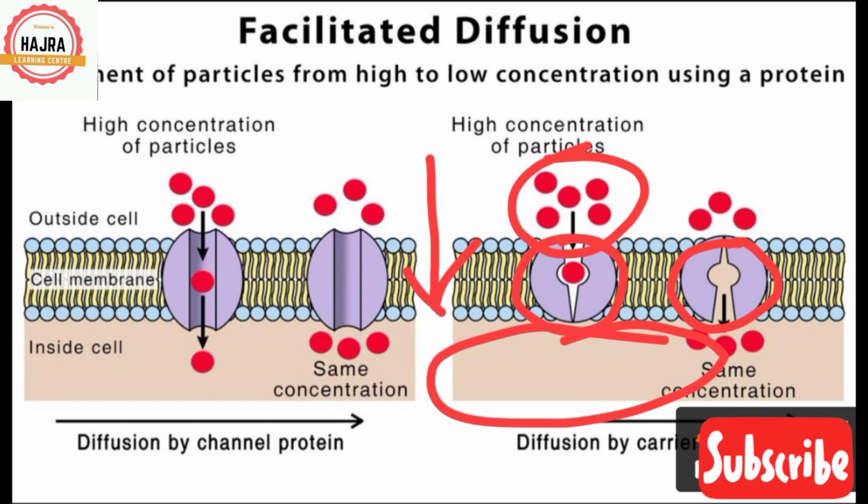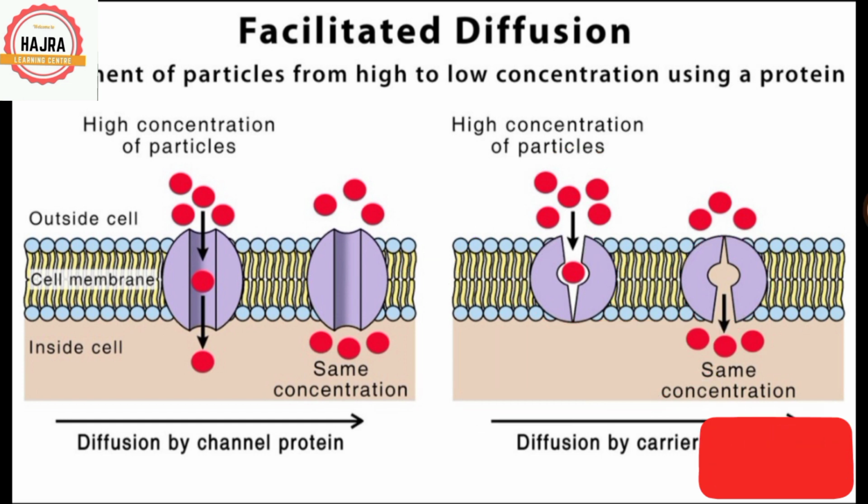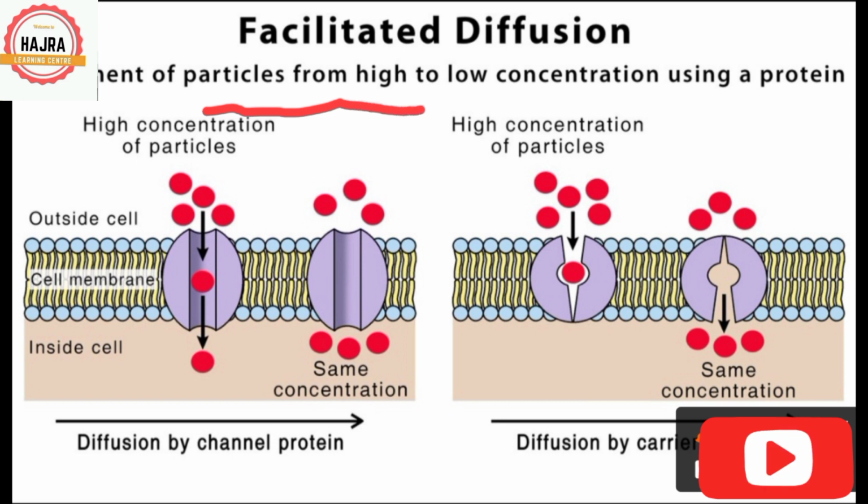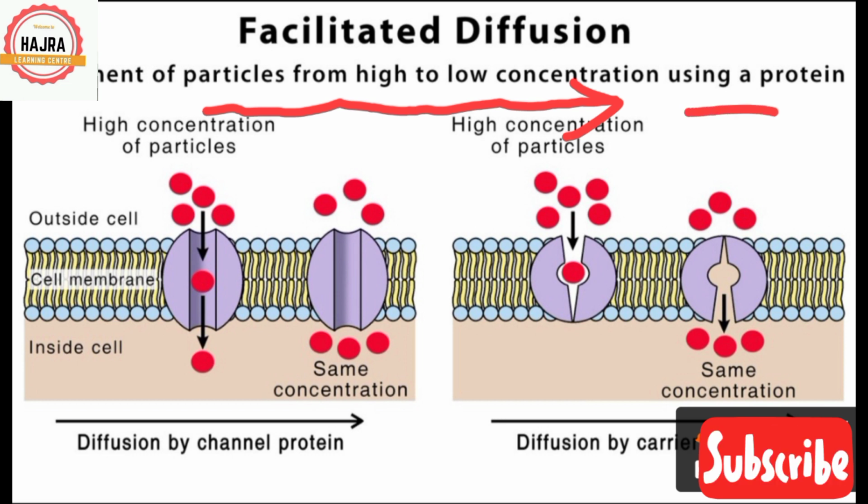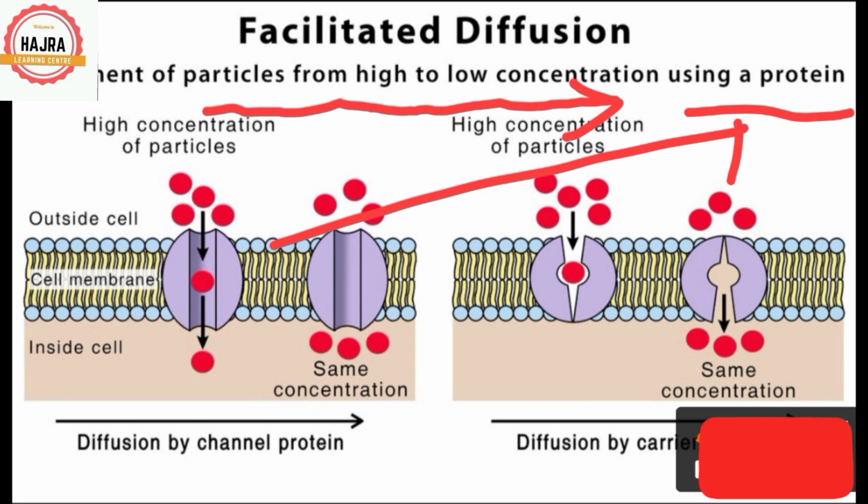So let me tell you again the definition of facilitated diffusion: molecules move from the higher concentrated area towards the lower concentrated area using a protein. And protein can be of two types, channel protein or carrier protein. Channel protein gives only the path for those molecules, so they can easily travel along that path and reach the other side.